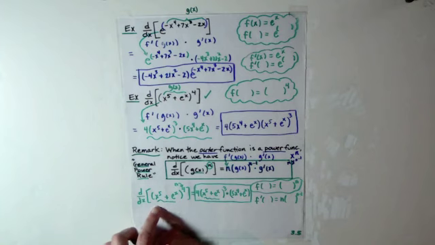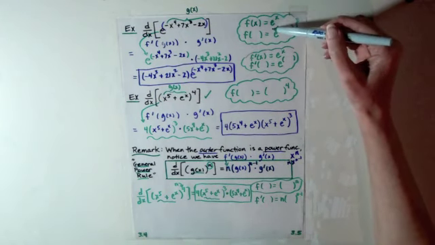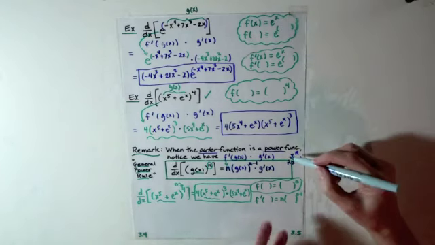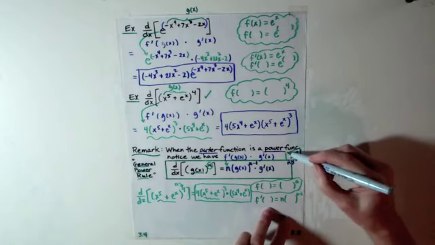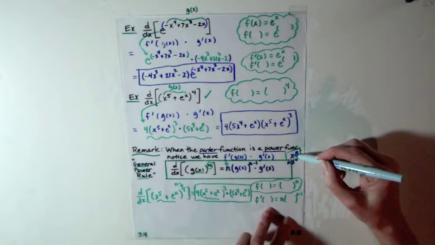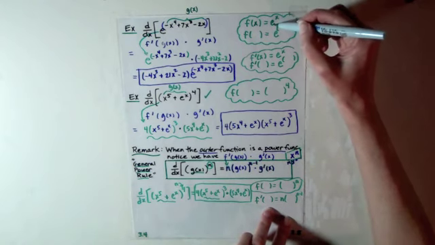However, I want to stress that the general power rule does not work on every example. Think about the top example. Is the outer function a power function? Unfortunately, it is not. Remember that a power function is something of this form, x to the n, where n is the constant and the variable is down in the base. This is not a power function. The base is a constant.